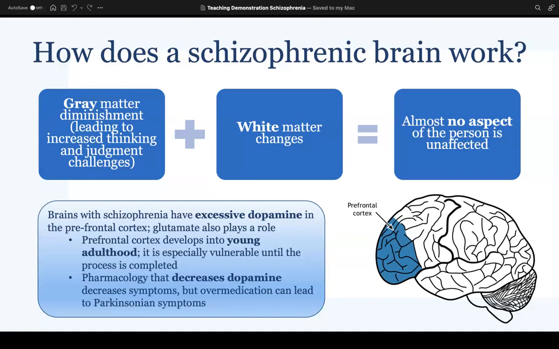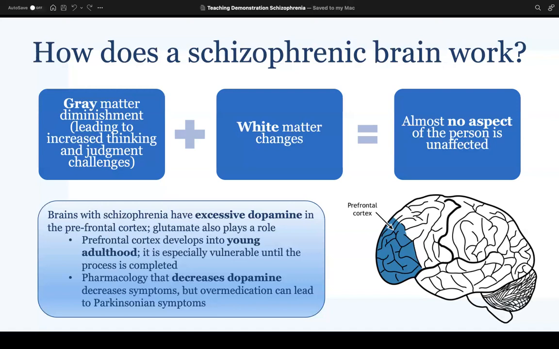We discussed executive function several times, but also last week. And the prefrontal cortex is developing into young adulthood. And if something goes wrong, then you can be very vulnerable to various mental illnesses before it's completed. So it's usually completed about the age of 25.